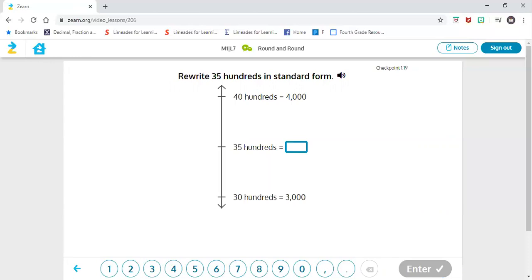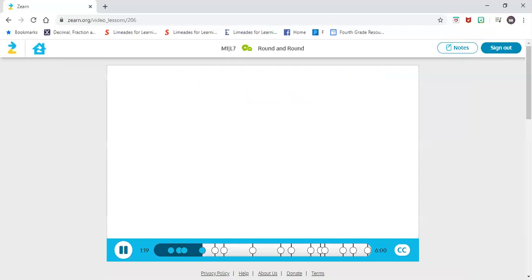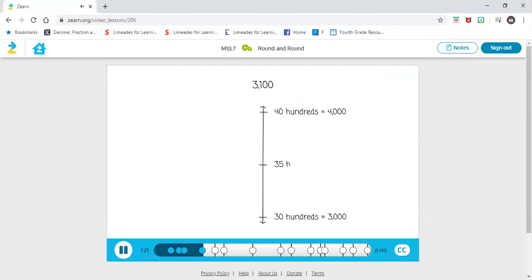So when we write 3,500 in standard form, it's 3,500. You see how in the middle of 3,000 and 4,000 is 3,500. The midpoint is 35 hundredths, or 3,500.